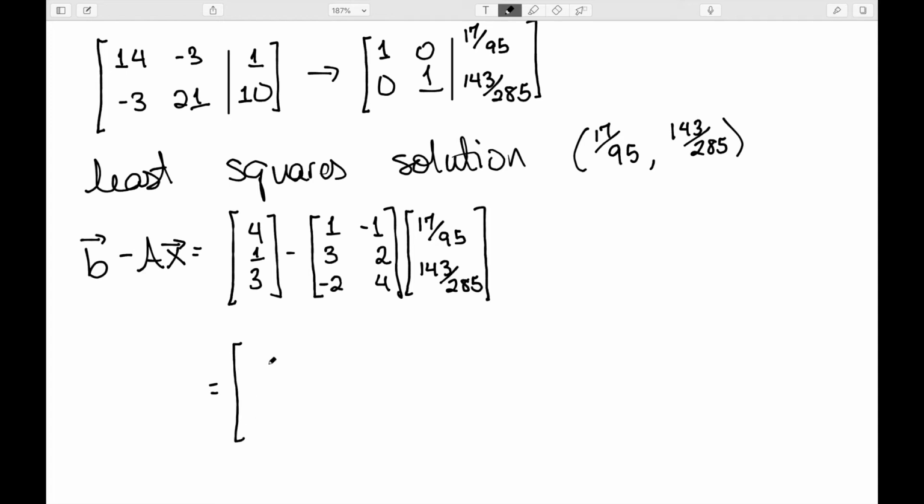Well, this is 4, 1, 3 minus, when I multiply these two matrices, I get negative 92 over 285, 439 over 285, and 95 over 57.